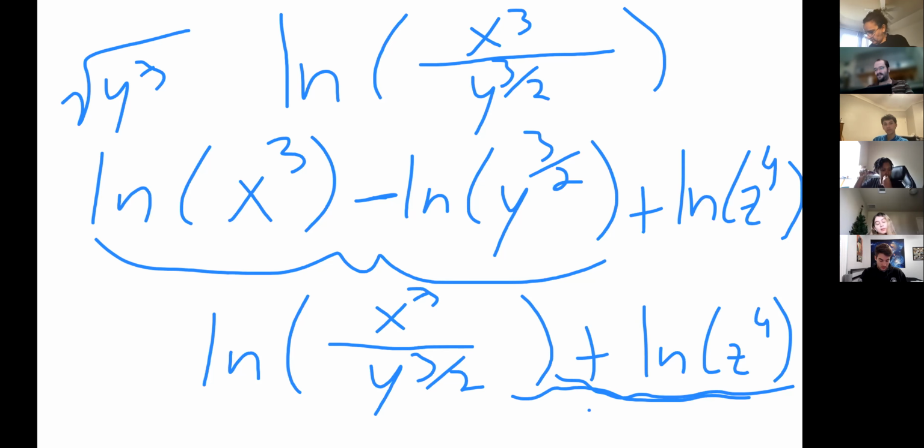I'm multiplying by z to the fourth. So if I multiply this fraction by z to the fourth, where's that z to the fourth going? On top or bottom? Be top. Yeah, it'd be top. I'm basically multiplying by the z to the fourth over 1. When I multiply things, they usually go to the top of the fraction. If it's a whole number, right?